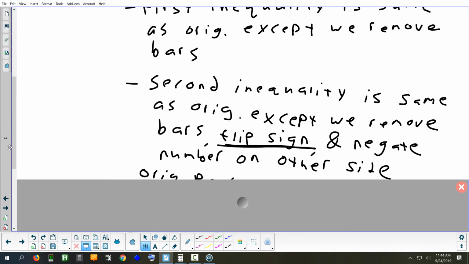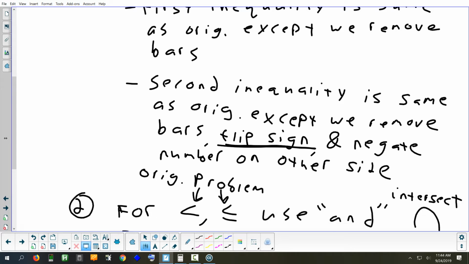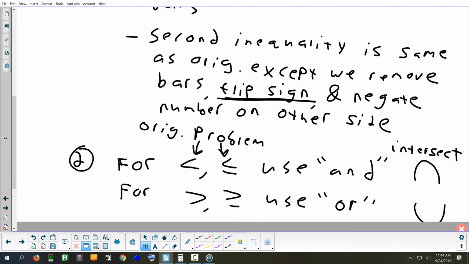Now, once we solve it, we have to decide on the final answer. You're going to get 2 things. Like yesterday, we may have had x equals 2, x equals 6. Well, for this one, you're going to get two answers. But we have to decide if the two answers should have the word and or the word or between them.